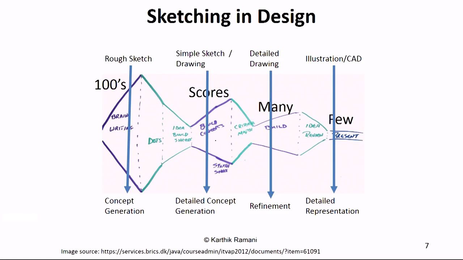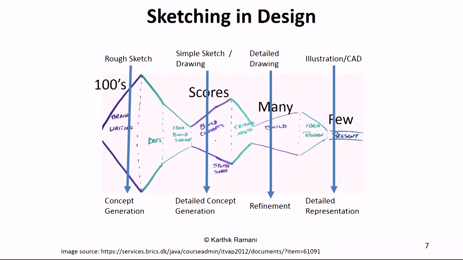Sketching in design takes on different shapes and forms. If you're sketching roughly, typically the early stage sketches for concept generation tend to be rough. A large number of concepts are created, and at some point you want to reduce the number of ideas, so you down select, maybe choose the better ones, and combine good concepts from different ideas.